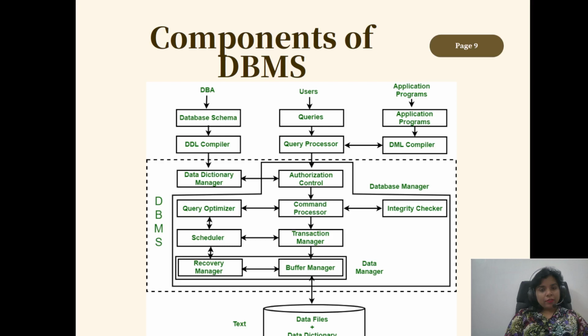And we have the transaction manager, wherein by transaction we mean every operation on the database. We have the command processor, integrity verification module, and then there is a recovery manager module. So in the event of any failure or in the event that the database has crashed, this module will help us to recover the database. And there is a buffer manager that helps us to schedule the disk accesses.